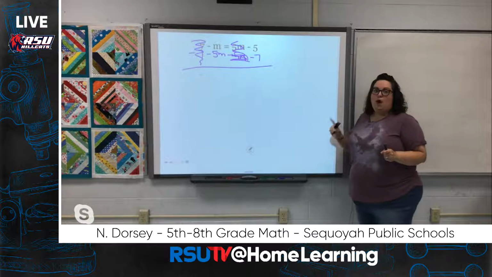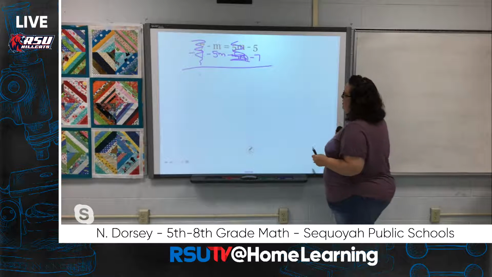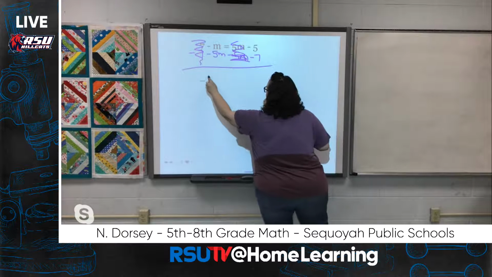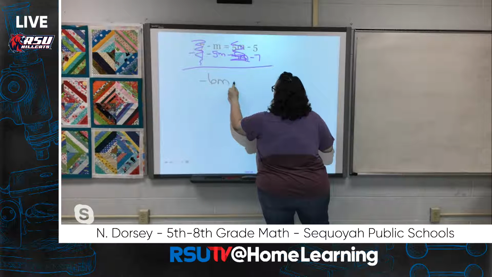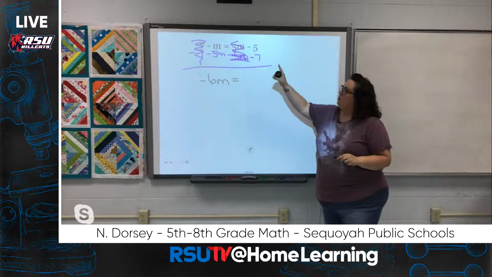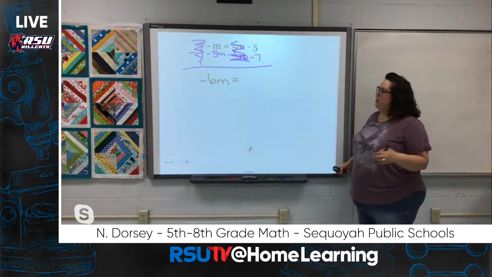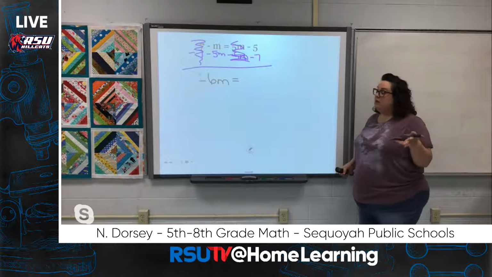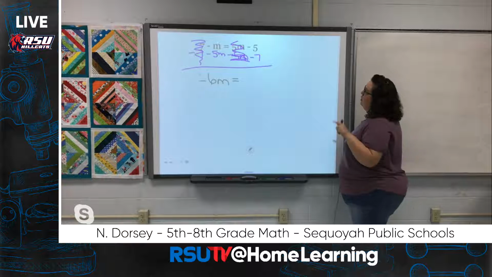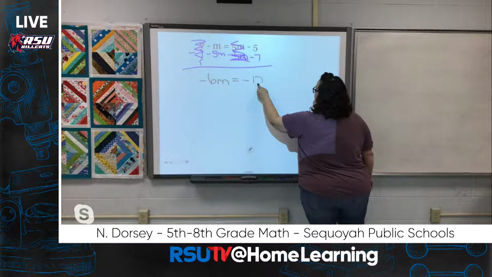Negative 1m minus 5m is negative 6m. And for those of you at home, if you wanted to write in 1 in front of the m, that's totally fine, and I'll be repeating that over and over again, just so you know. Negative 5 minus 7 is negative 12.